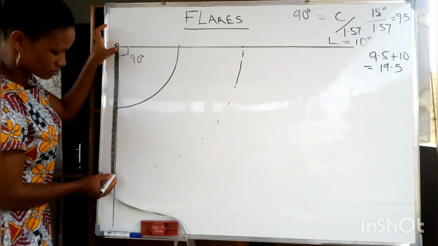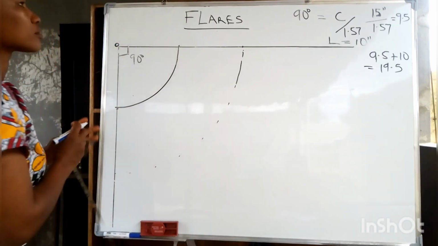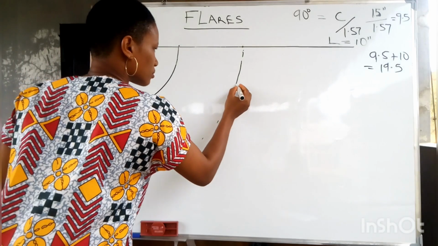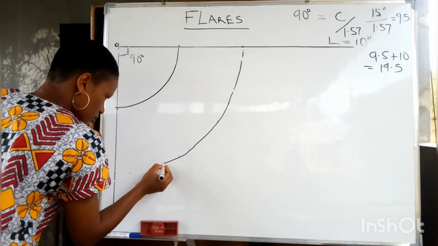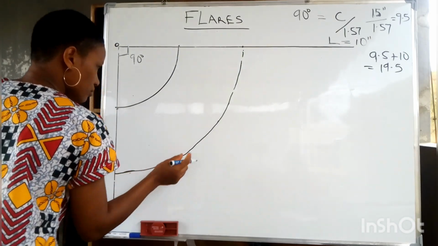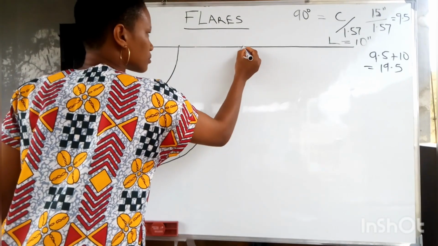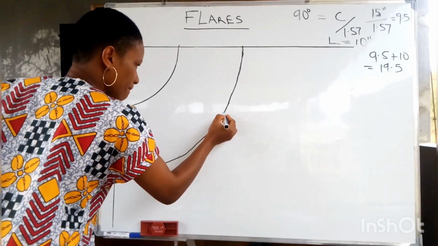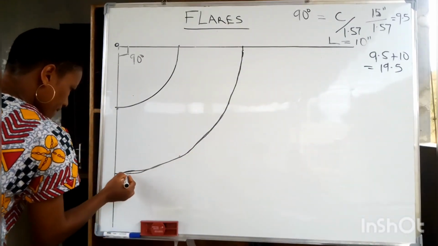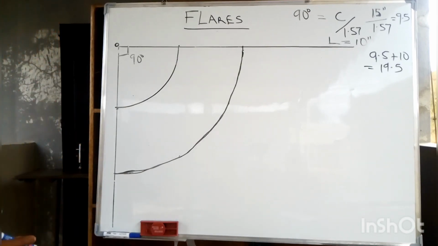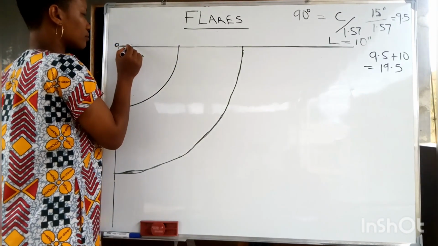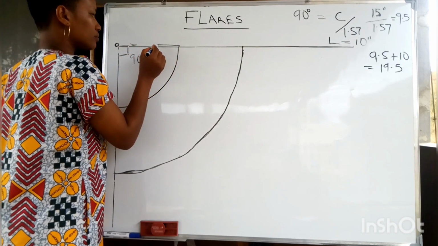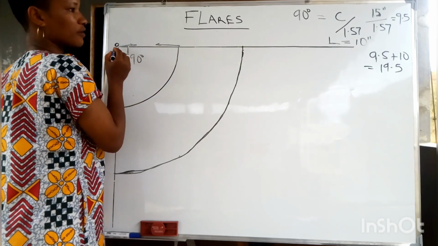After marking the 19.5 inches radius, make sure that you connect your markings together to form a beautiful arc as you have seen. Remember, we are dealing with a 90-degree flare. As such, when you're cutting it, your fabric should be just plain, not folded. Well, if you decide to fold it, it may not appear the way we see it here on the illustration.